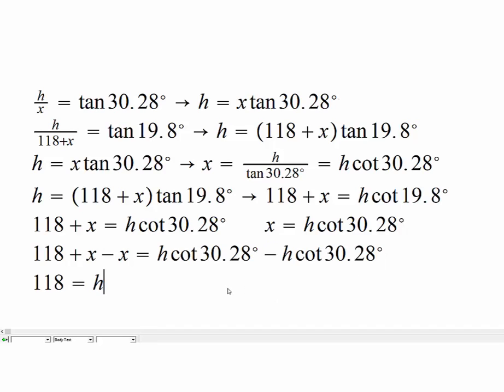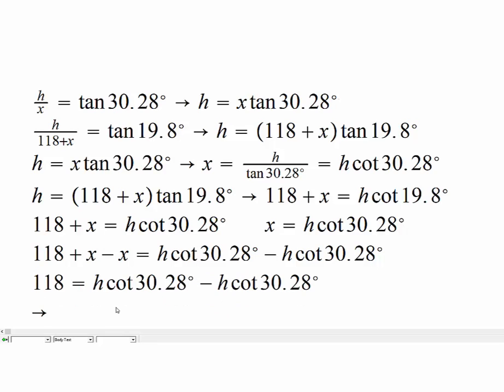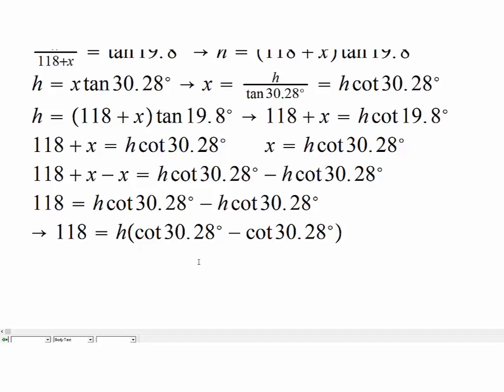Let me do one step at a time. I'm going to solve for h now, because you can see that we have everything else available except for h. So if I factor an h out from these two quantities, what would I get? I would get this value, right?